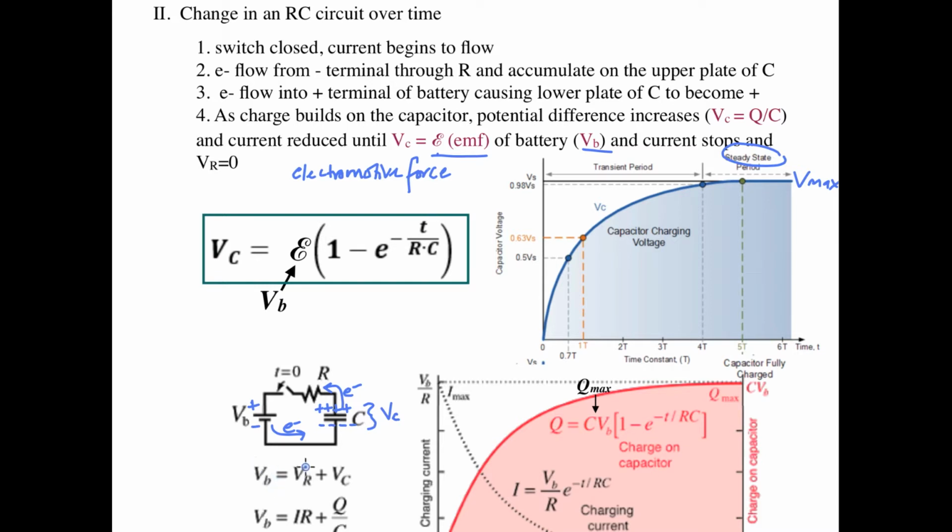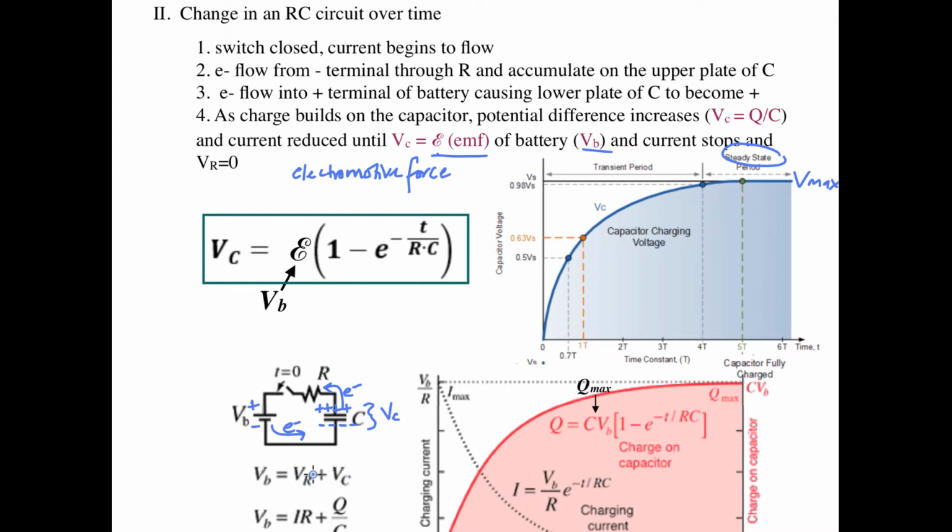All right. We can also see at the bottom down here that the voltage the battery produces is going to be equivalent to the sum of the voltage the resistor has and the voltage of the capacitor. Just like before, if we had a bunch of resistors in series, the voltages of the resistors would add up to the voltage of the battery. We can say that here now, except we have a resistor and a capacitor in series.